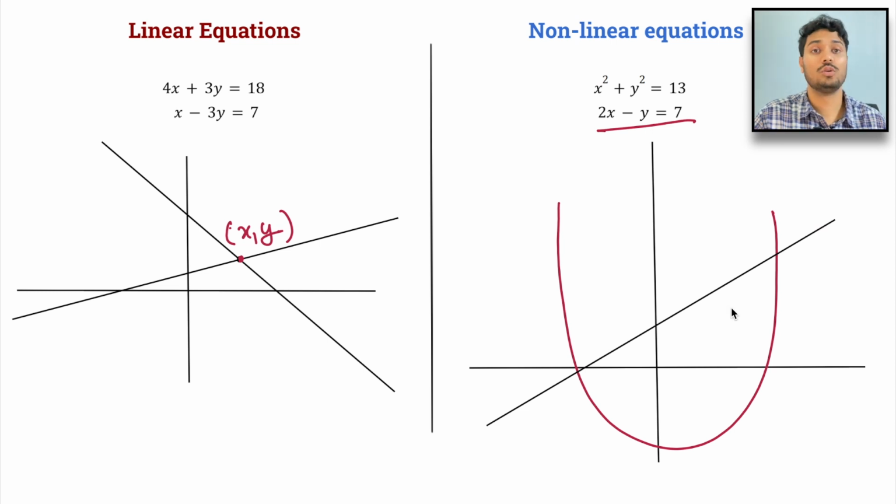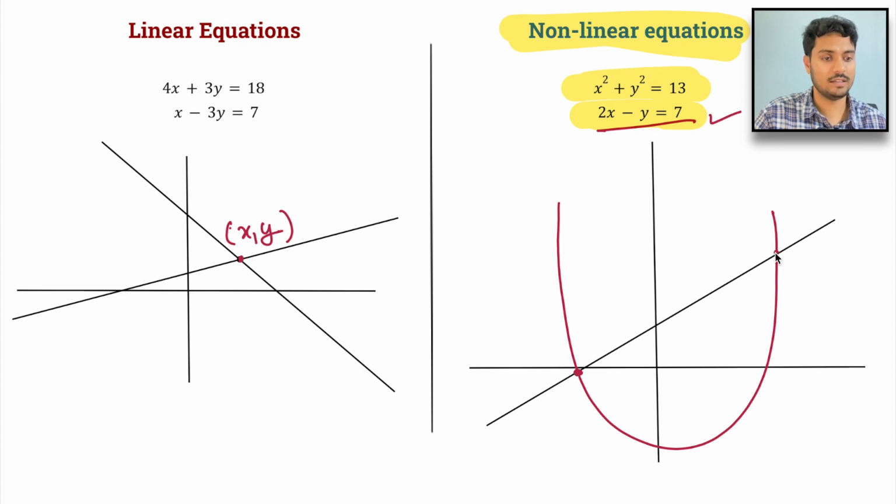In that case you get two solutions, not four. Both of them can be nonlinear, but in our IGCSE Mathematics syllabus, we have one nonlinear and one linear. So you get two points of intersection, this and this, and so two solutions, x1, y1 and x2, y2. With this, let's try to solve the questions.